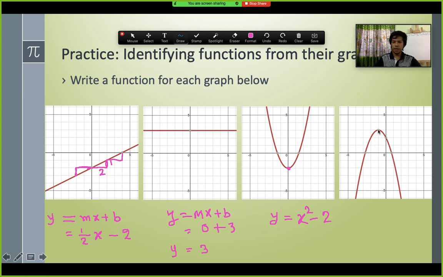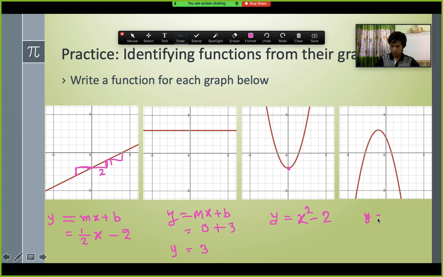This one has different types of movement in this direction and that direction. So let's use the vertex form.